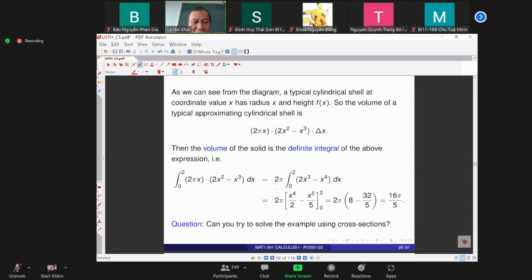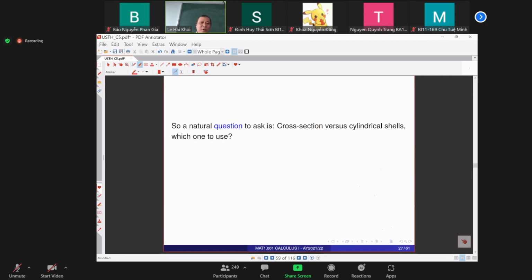And here we use the so-called cylindrical shell method. And the question is, can we use the cross-section method? The answer is, do it by yourself. Give the answer. Which one can you use? Maybe only cylindrical shell, or only cross-section is easier to compute, or both are the same.